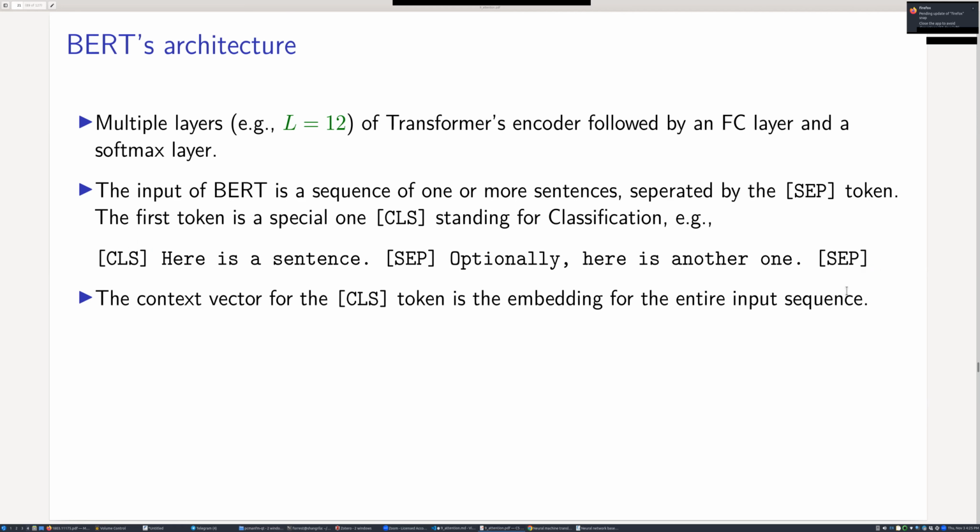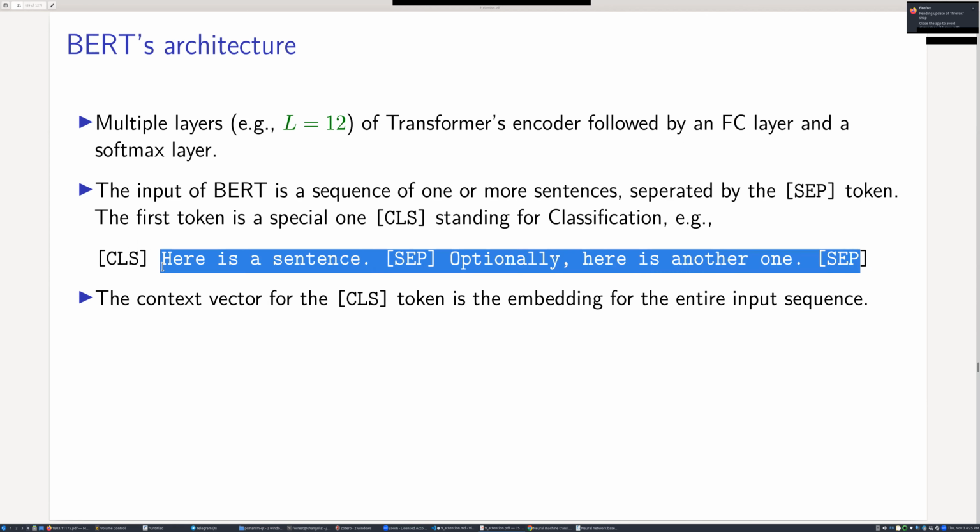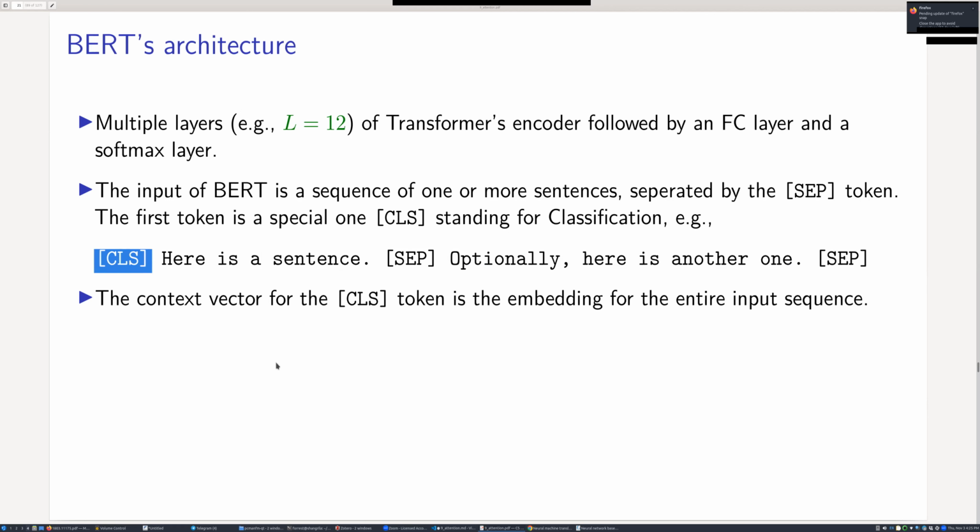All right, and BERT is designed such that they expect the entire input sequence, not only this one, but the entire input sequence, their meaning will be aggregated onto the output of this special token. So how does BERT do that?